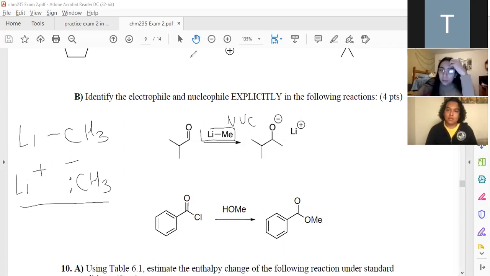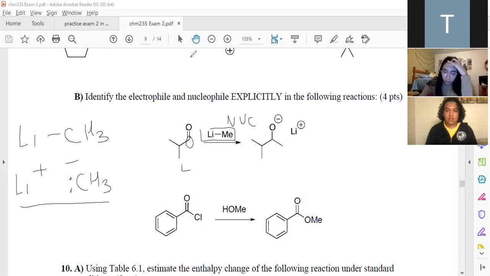So what is my electrophile on this? The lithium. No. No, the methyl. No, the methyl is my nucleophile. We just said that. What's the electrophile? I don't know. It's where it attacks. So where is the methyl attacking? Oh, the carbon that's bonded to the oxygen? Yep, that is my electrophile.